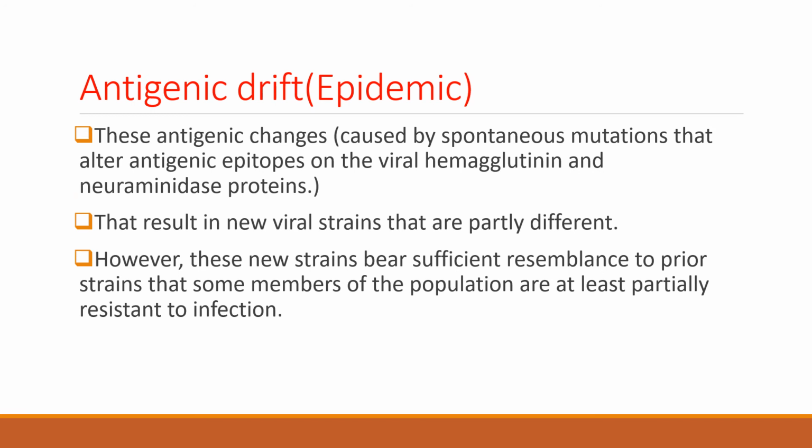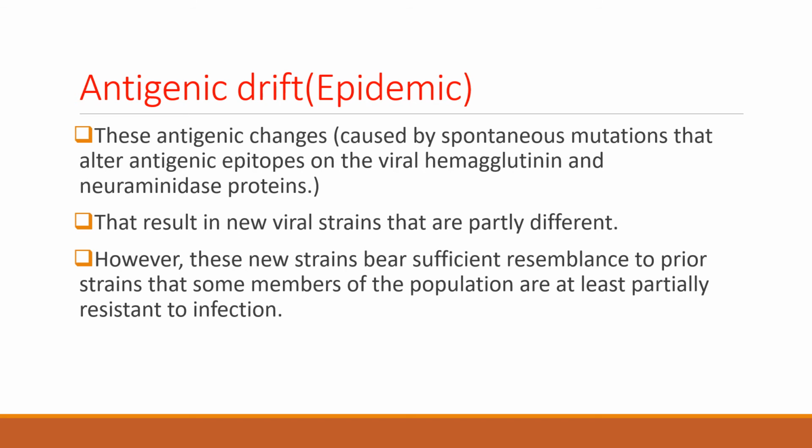Now we see two important concepts, antigenic drift and antigenic shift. So what is antigenic drift? These are antigenic changes caused by spontaneous mutations that alter the antigenic epitopes on the viral hemagglutinin and neuraminidase proteins, and that results in new viral strains that are partly different. They are not totally different, but partly different because of spontaneous mutation.